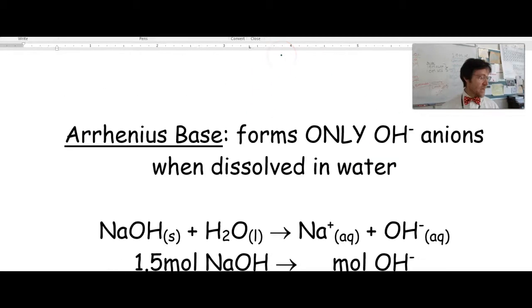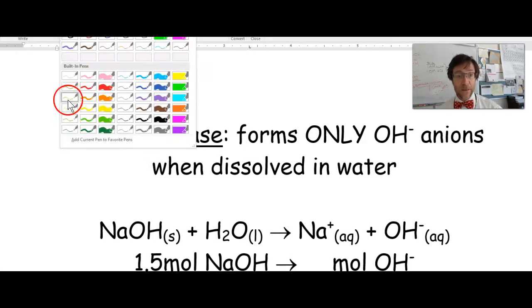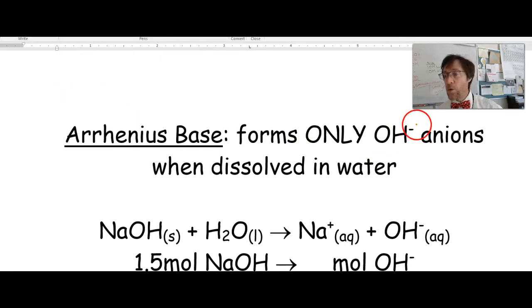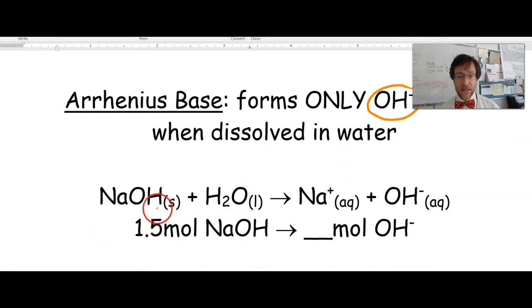So, pretty simple. Arrhenius acids make hydrogen ions. Same thing for bases, only not exactly the same. They all produce only hydroxide ions when you put them in water. Seems pretty simple, right? Like this one, sodium hydroxide. If you'll notice, there's only one hydroxide polyatomic ion in this compound.